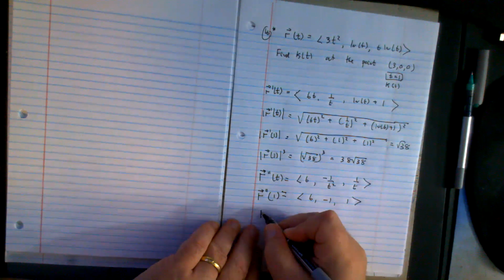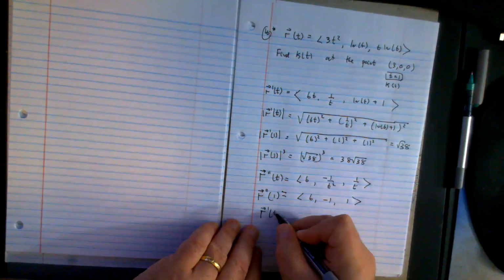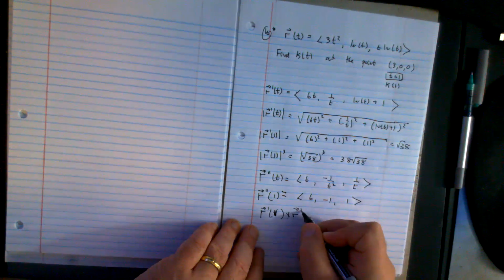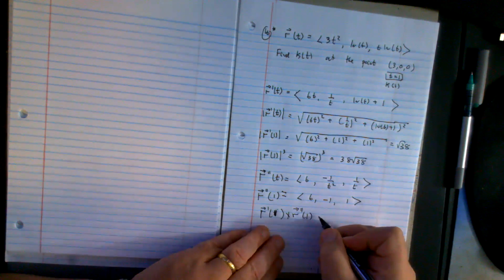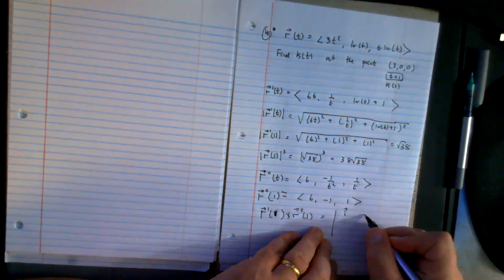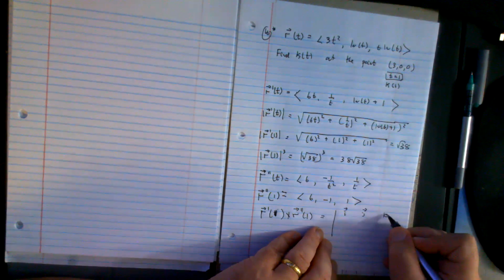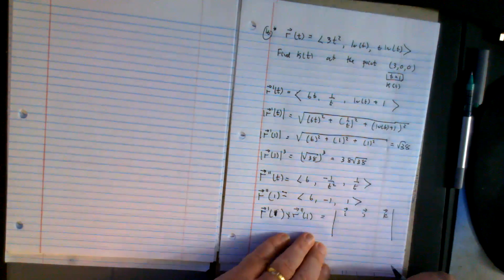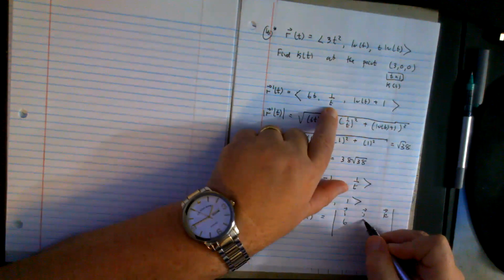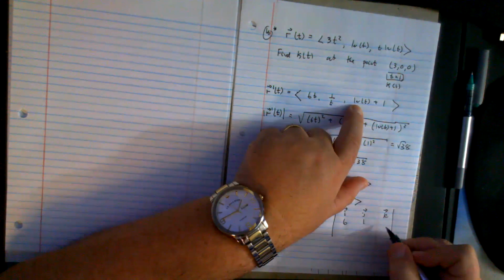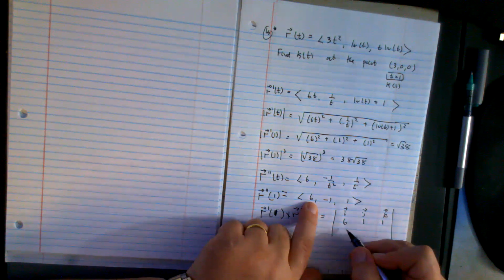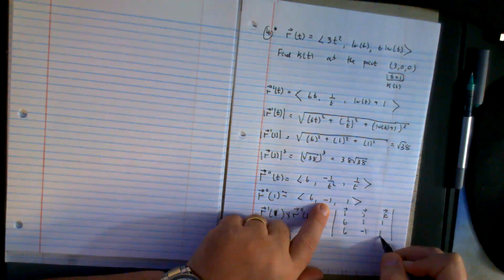So now we can find the cross product, and we'll do it at 1, of the first and the second derivative. So that's going to be an i, a j, and a k. And the first derivative at 1 would be 6, 1. The log of 1 is nothing, 1. And the second derivative at 1 is 6, negative 1, 1.